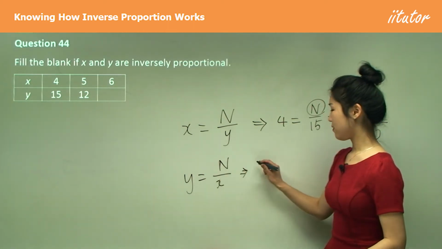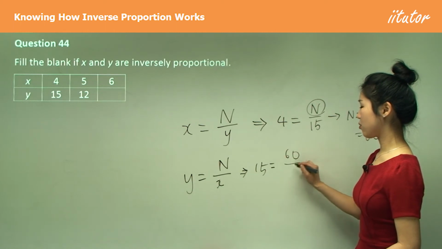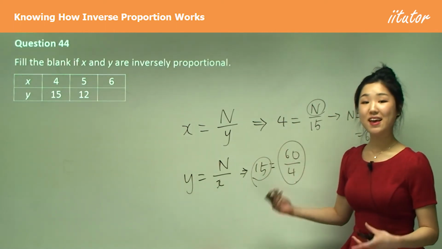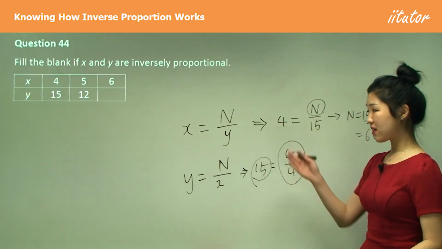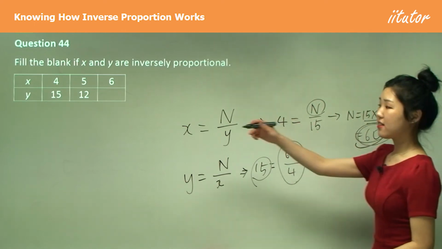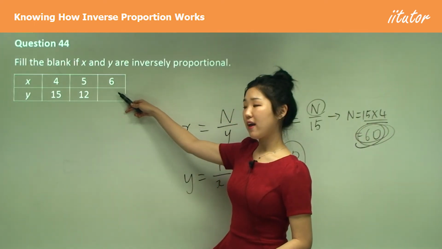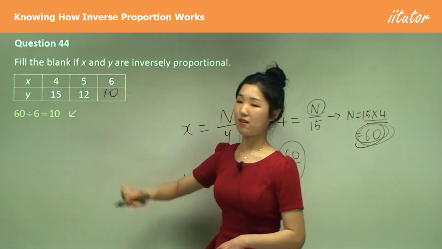If y is 15, the number is 60, and x would be 4. Is 60 divided by 4 equal to 15? Yes, it is. So we've just proved that they're inversely proportional, and we found the number. It's 60. 60 divided by 6 will be y. 60 divided by 6 is 10. This position will be 10.